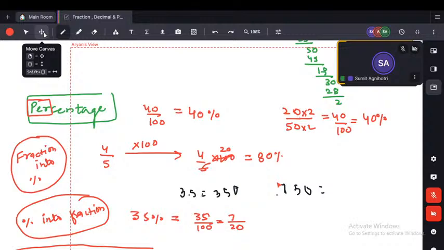These are some basic conversions, and in today's session I have tried to cover the concept of fraction, decimal and percentage. There are many conversions that, if you remember, will be helpful for you. There are many fractions, I am telling some of them, that can be converted as percentage.